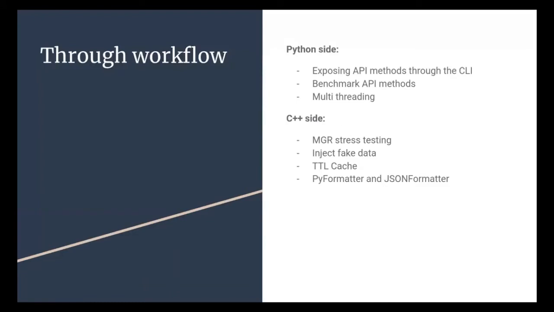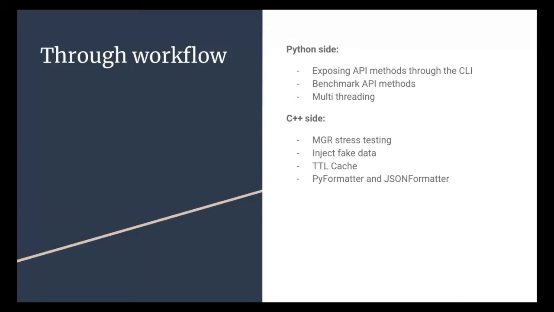So how did we do it? We divided the work into two. I was working on the Python side and Perry was working on the C++ side. On the Python side, I have been exposing the API methods through the CLI, benchmarking the API methods, and multi-threading them. On the C++ side, what we did was tracing the manager module testing, injecting fake data, OSD maps, PG maps, and so on.